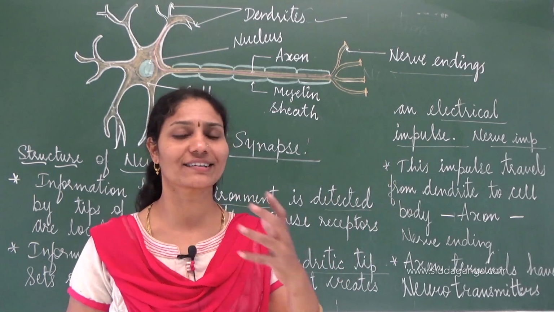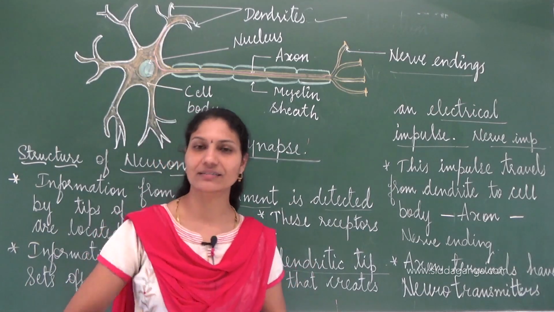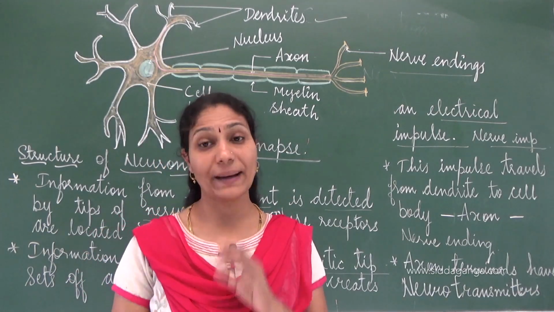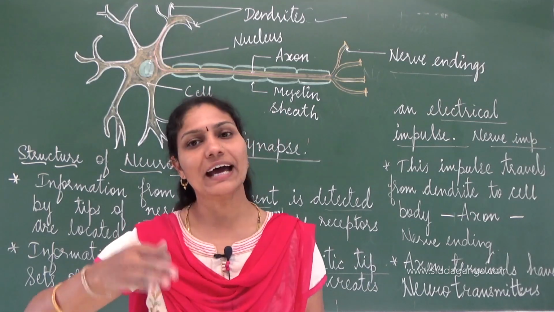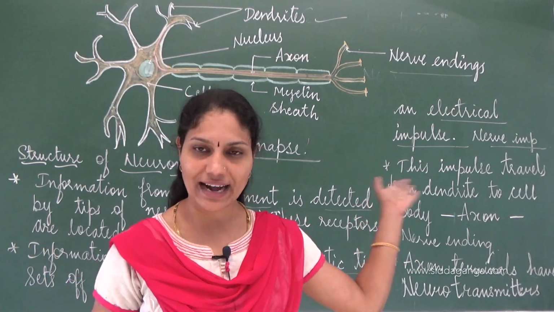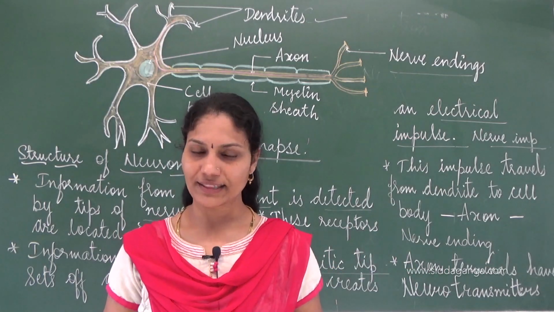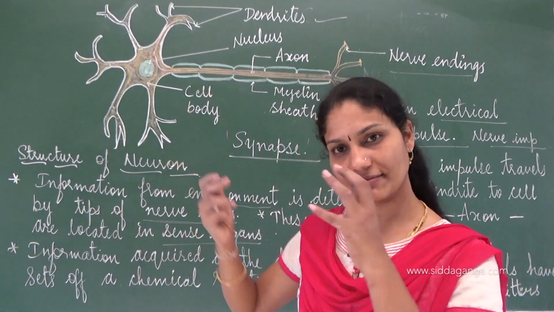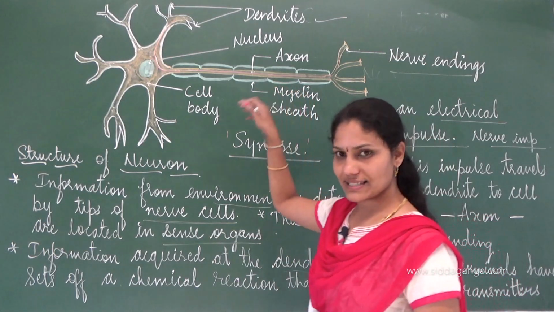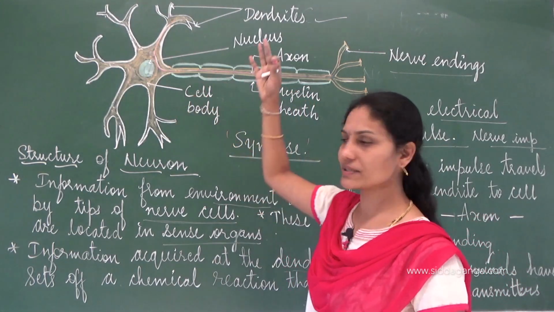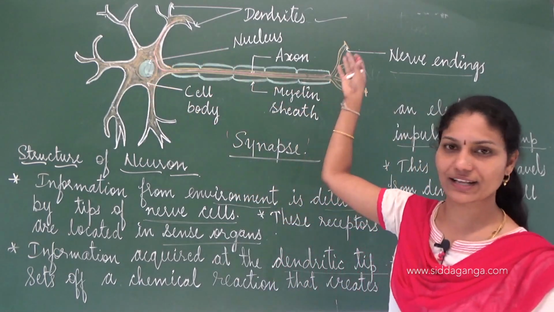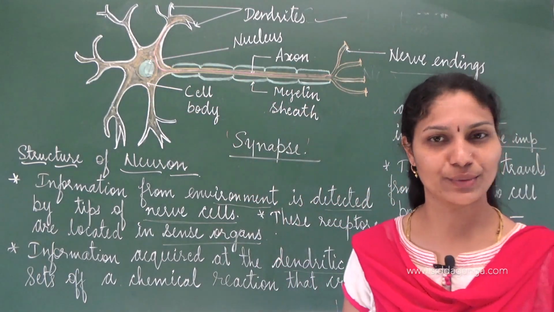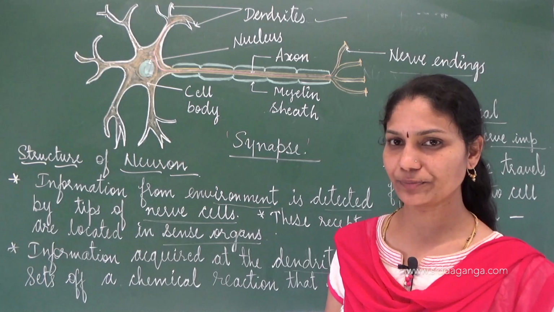They convert these electrical impulses into chemicals, and they pass these chemicals, the chemical information, to the dendrite of the another neuron present adjacent to it. Therein again dendrites receive information, the same nerve impulses are carried, and nerve impulses travel along the axon, and the same process continues. Is this clear to you?